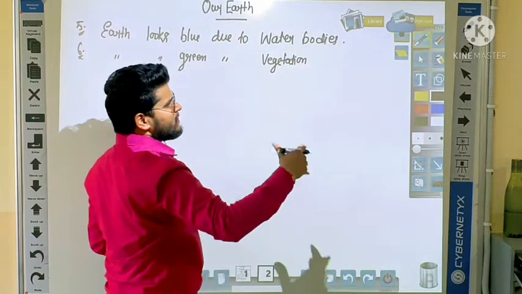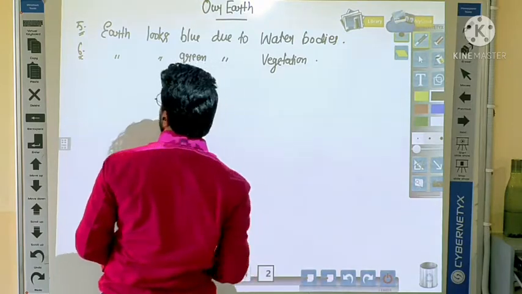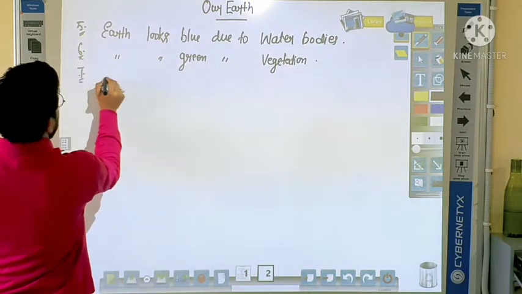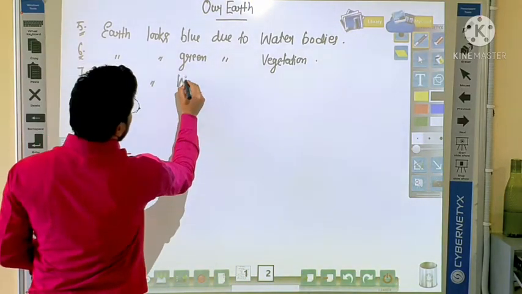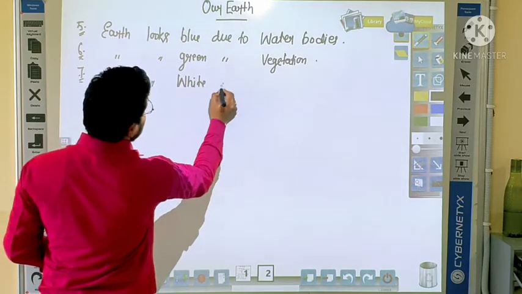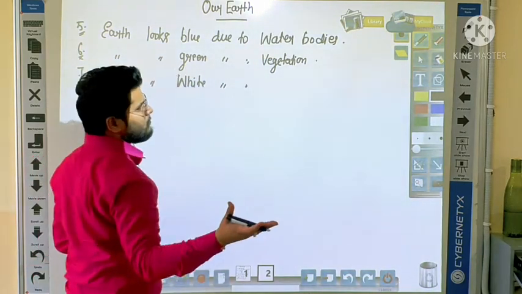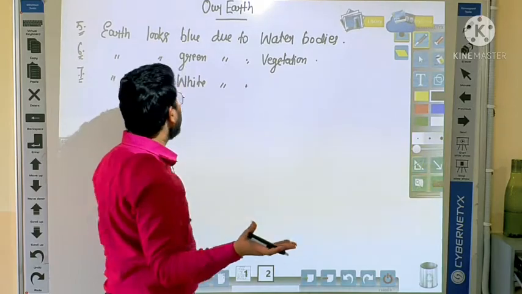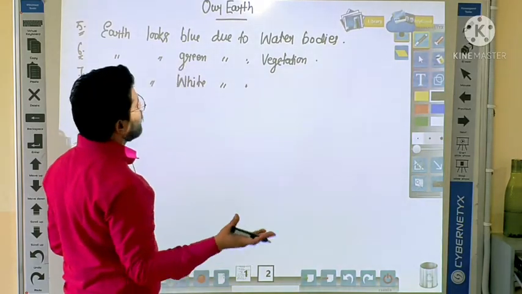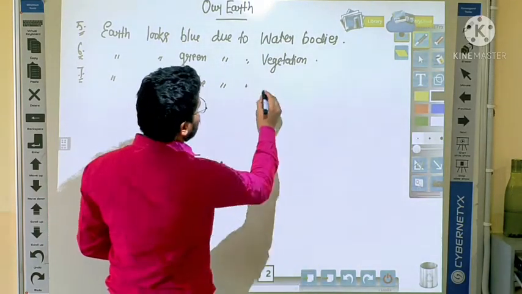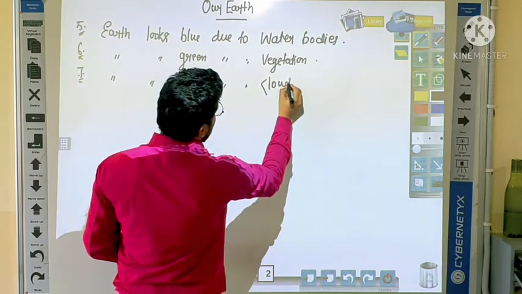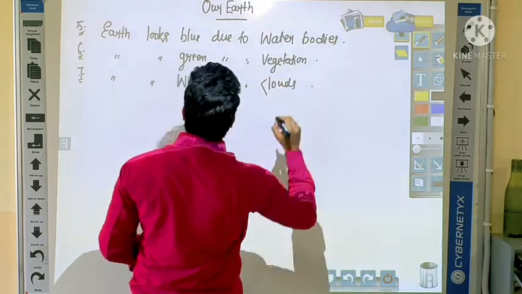It means trees, forest. Okay. Earth looks white due to what I told you earlier. It looks white due to clouds. Okay.